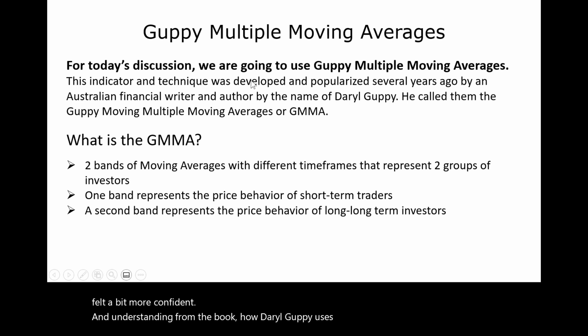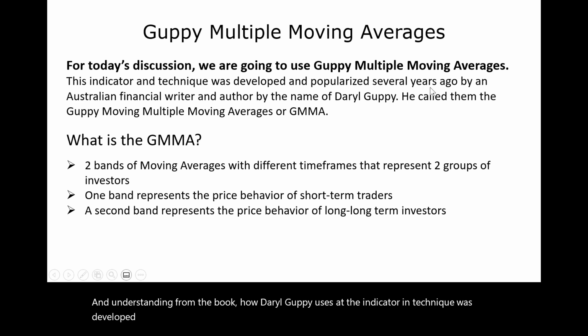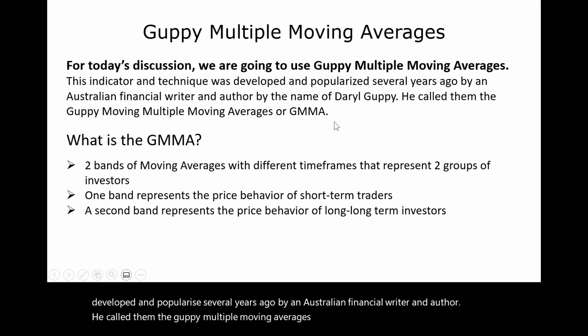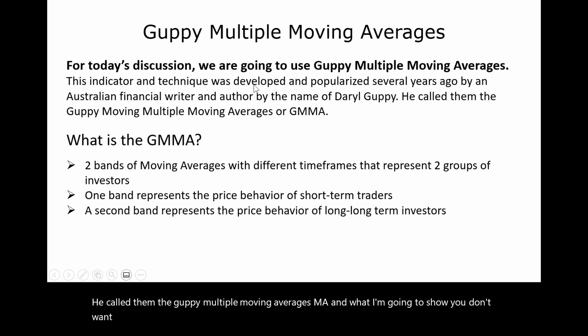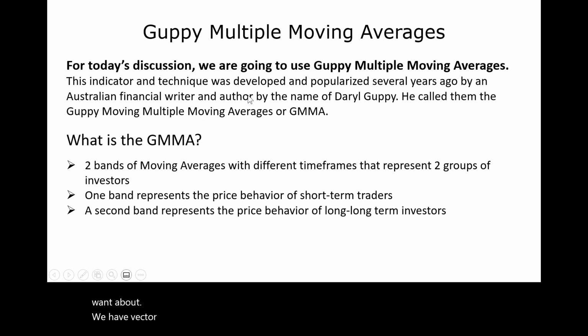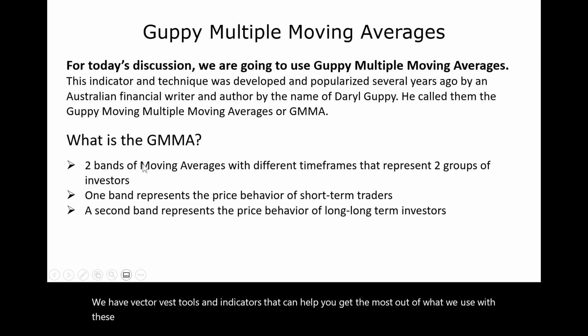The indicator and technique was developed and popularized several years ago by an Australian financial writer and author by the name of Daryl Guppy. He called them the Guppy multiple moving averages, or GMMA. And what I'm going to show you is, we have VectorVest tools and indicators that can help you get the most out of what we use with these multiple moving averages.